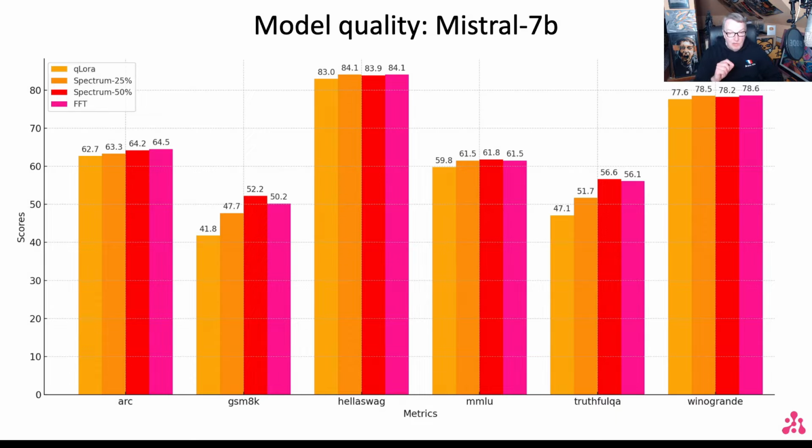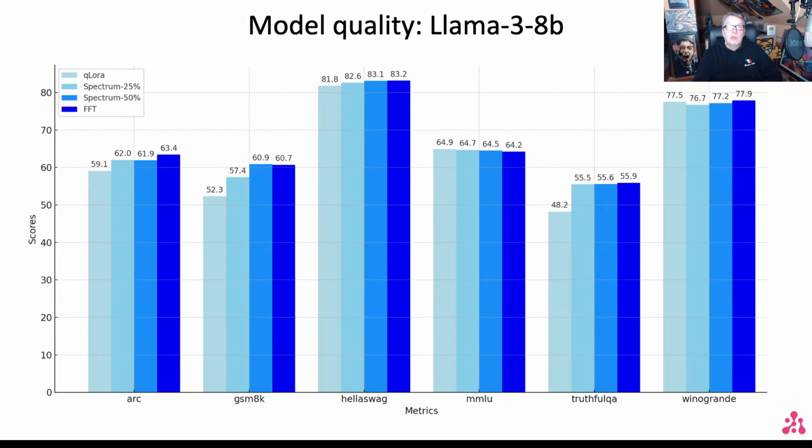Although we are not running full fine-tuning, we're running 25% to 50% of fine-tuning here, we get equal or even better results sometimes, and definitely much better results than QLoRA.